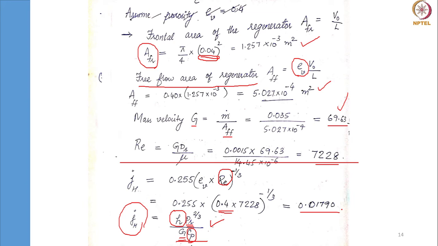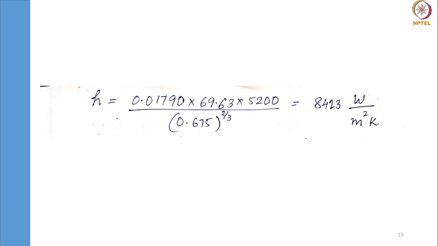The Colburn J factor is Stanton number into Prandtl number power 2 by 3, and Stanton number is H by GCP. Knowing all other values, we end up with the heat transfer coefficient as 8423 watts per meter squared Kelvin.